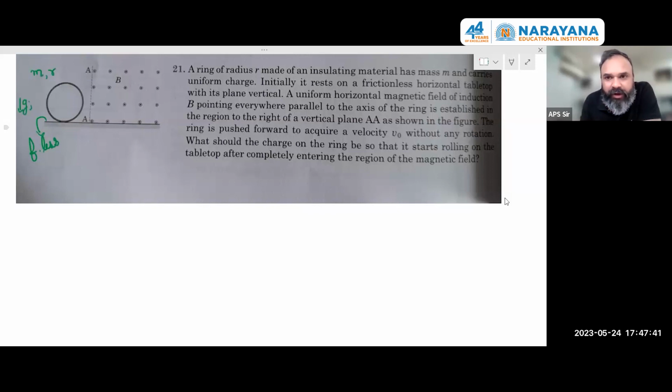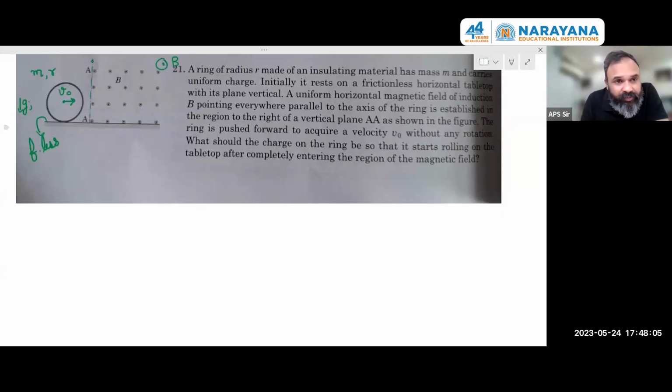And now what we are trying to do is, there is a uniform magnetic field in the outward direction on the right hand side of this hypothetical plane, right? And somebody wants to push this ring into the magnetic field with a velocity v naught without providing any angular velocity.